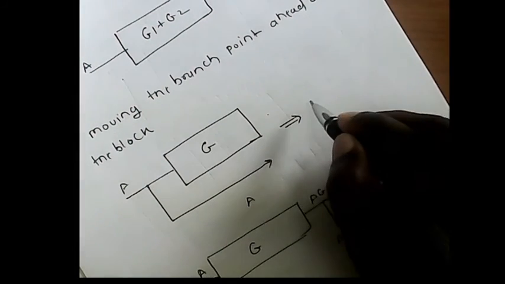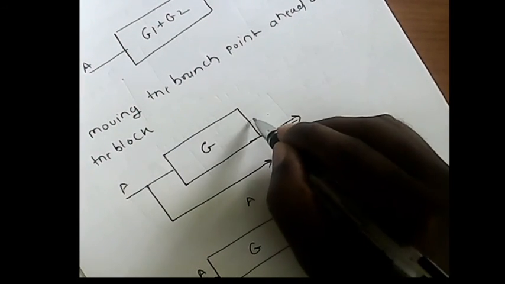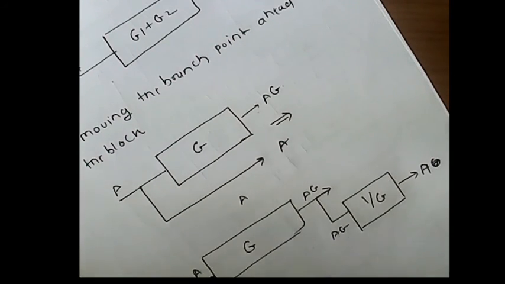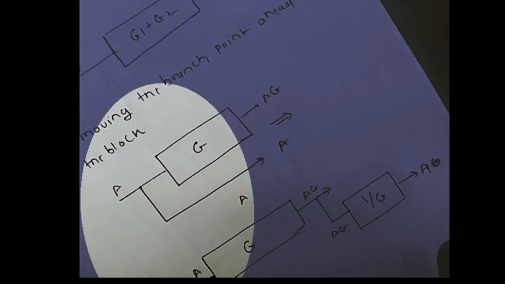Here the output is A and here the output is AG, which is the same as before. So the output after shifting the branch point is the same.